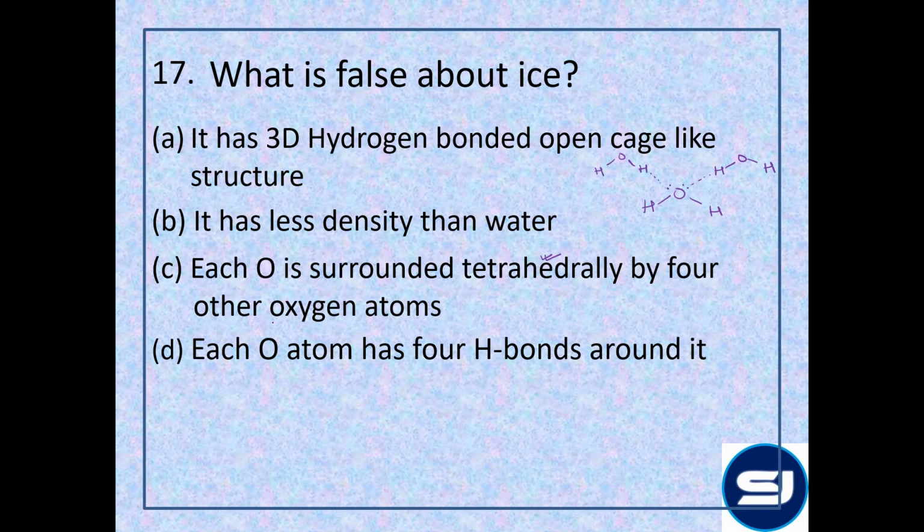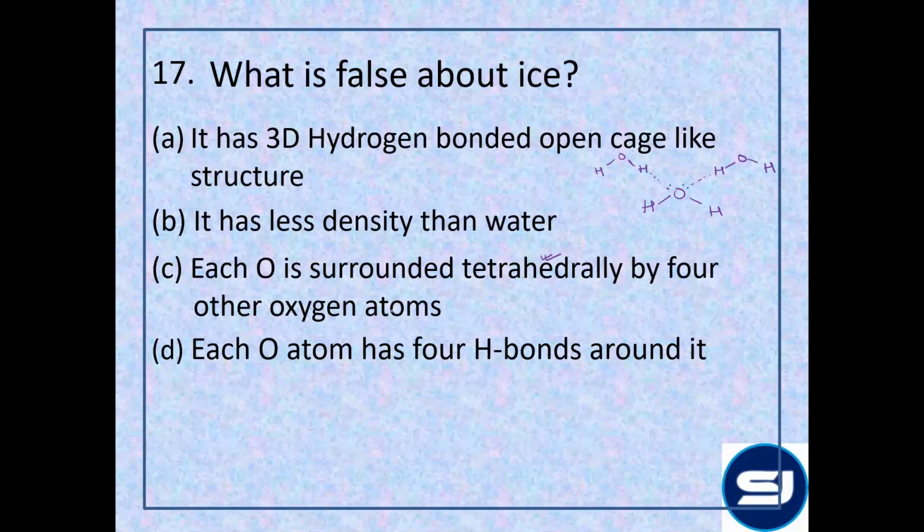No, sir, it's an NCERT line. It's the same only. The problem is: each oxygen is surrounded tetrahedrally by 4 other oxygen atoms. Here they are considering the oxygen with respect to the water molecules.